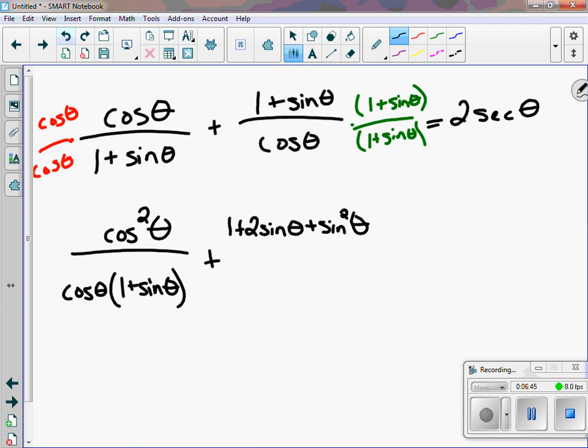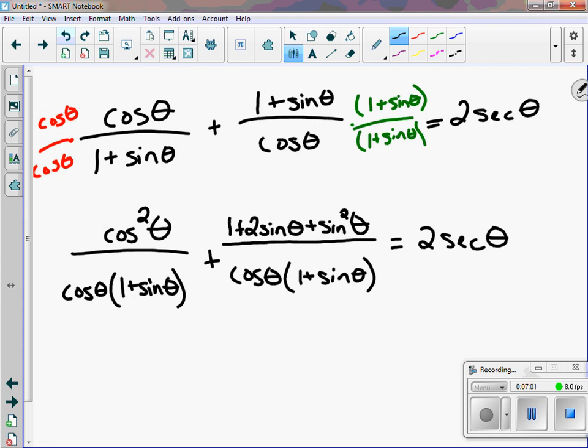When you're doing this, technically you'd get 1 plus sine theta plus sine theta plus sine squared of theta. Well, sine and sine added together gives you that 2 sine theta. All right. Wow, that looks scary.